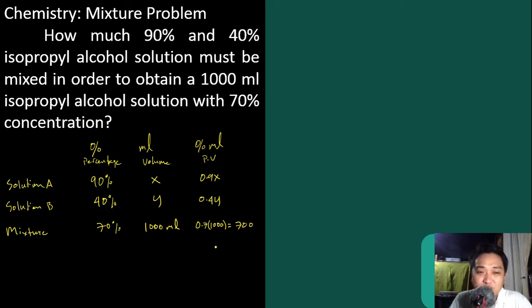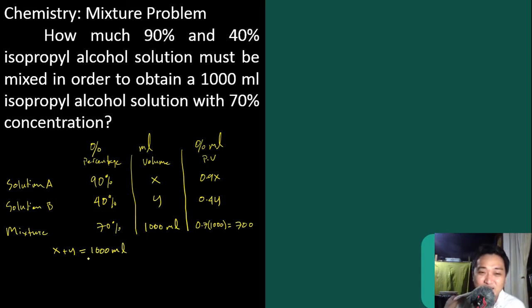Ang gagawin na lang po natin is to make use of this data in order for us to come up with linear equations muna. Okay. So here, X plus Y, since we are dealing with volumes, the output should be 1,000 ml.